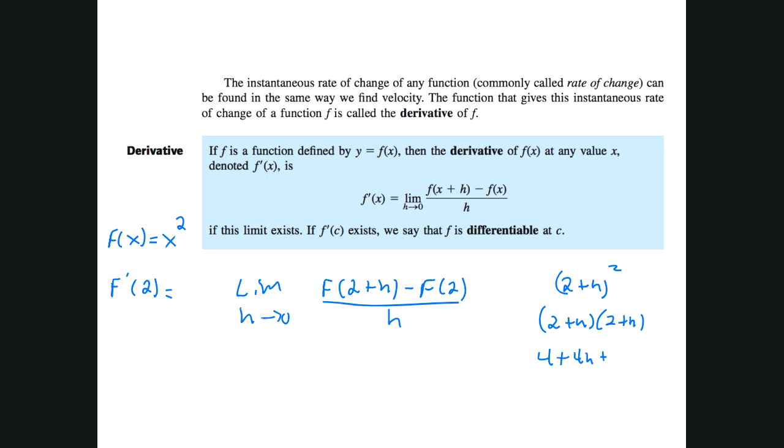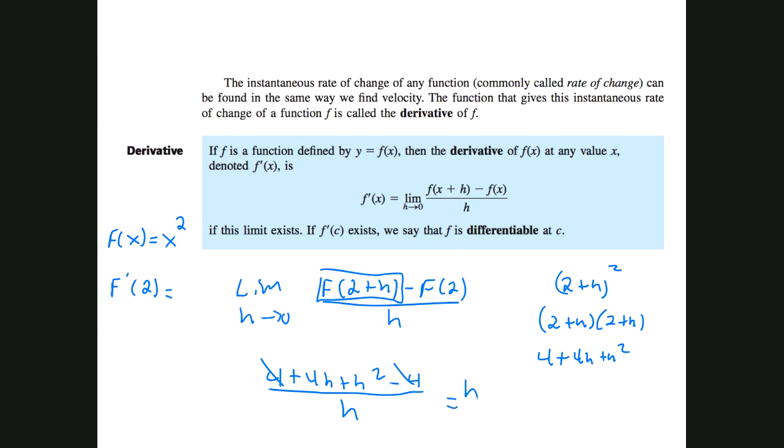So that goes right here. I'm going to put that in there. So that's 4 plus 4h plus h squared minus f of 2. Well, if I put 2 in there, that's 4, isn't it? All over h. Well, that 4 and this 4 cross out. I've got 4h plus h squared over h, so I'm going to factor out an h.